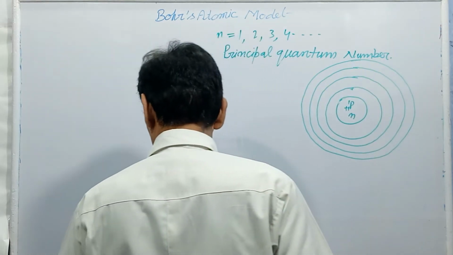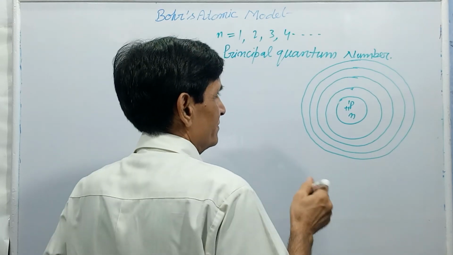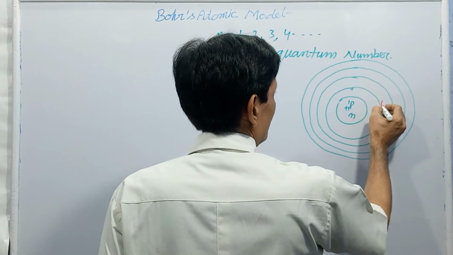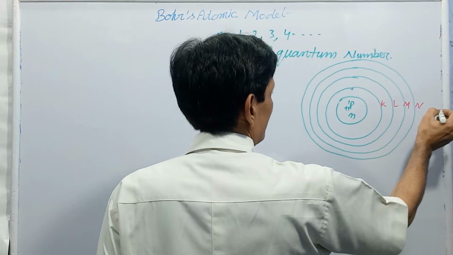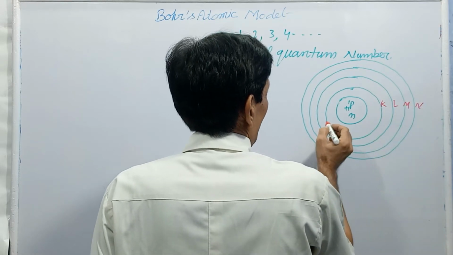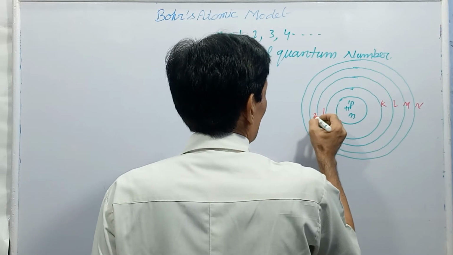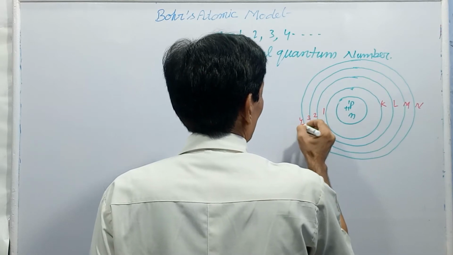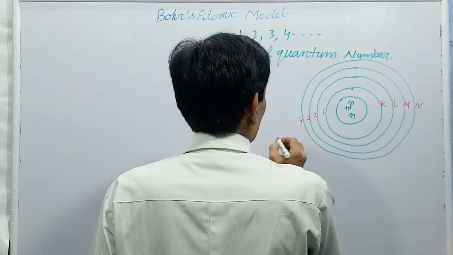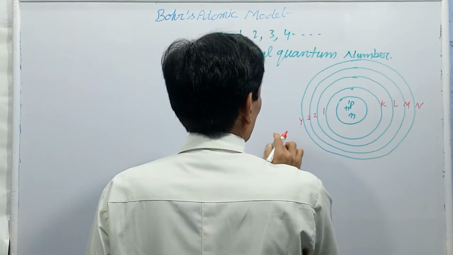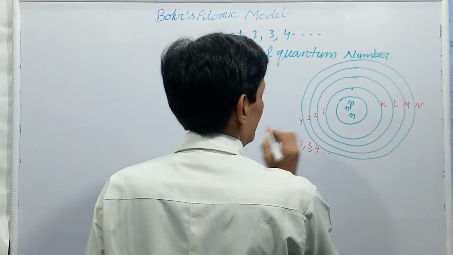These are represented by the letters K, L, M, N, like that, or by the number n equal to 1, 2, 3, 4, like that.